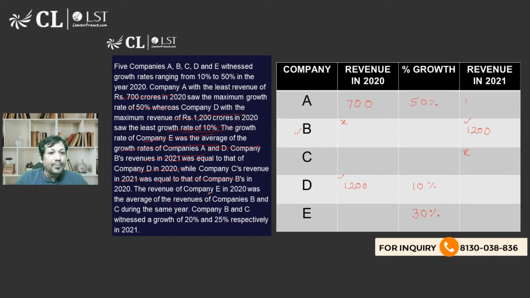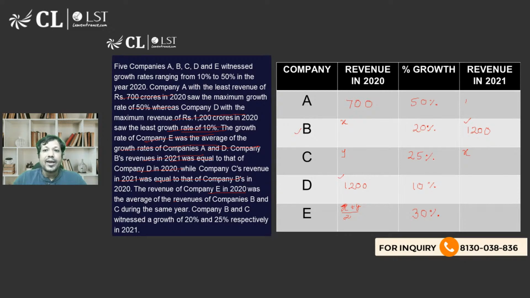So basically that was X and Y, so I can say this value was X plus Y divided by 2. Company B and C witnessed a growth rate of 20% and 25%. So this is 20% and 25%.